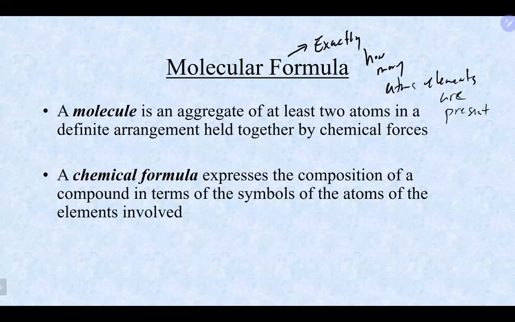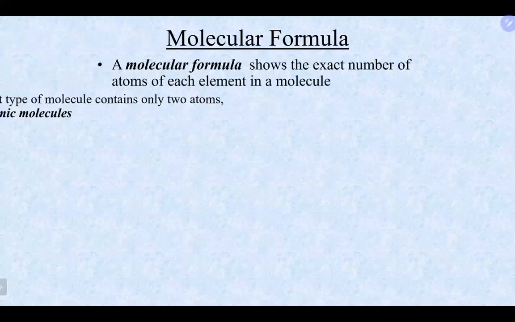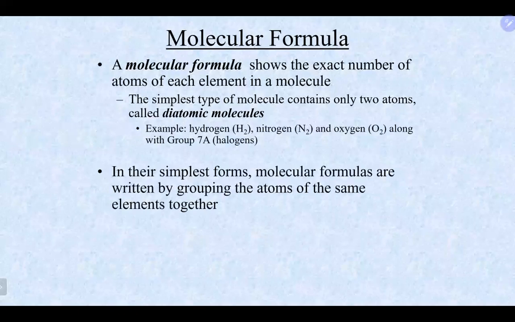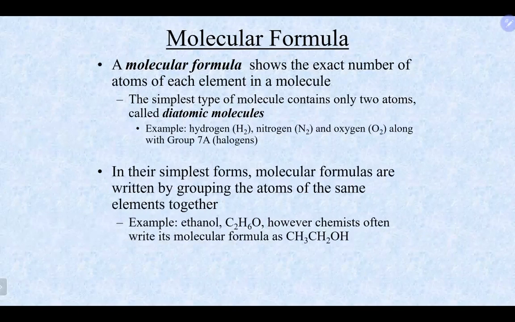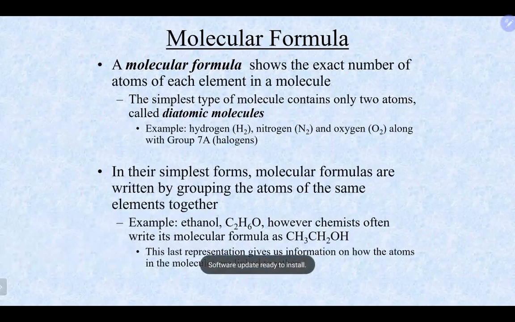So the molecular formula, when you do see it, is really the formula that tells you exactly each element, how much is really there. And that's a little bit different than the empirical formula, which tells you sort of the simplest whole number ratio, what's present. So molecular formula shows you the exact amount that's there. The simplest type of molecular formulas is our diatomic molecules, like our H2 or O2 or N2.